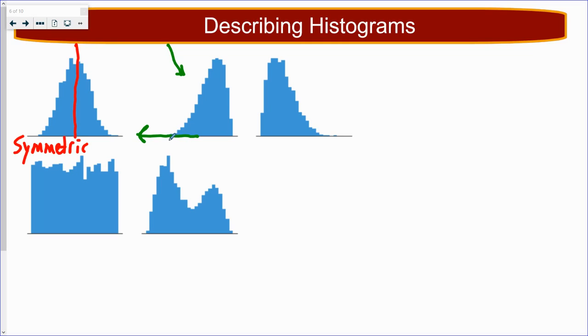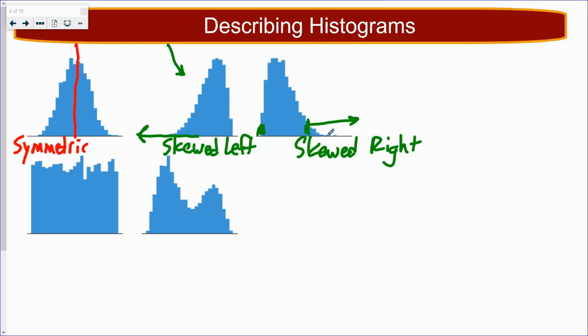So we would call that skewed left, because that was the direction that the tail was being pulled. So then likewise, this one here is skewed right, because we think of it like you are holding both sides of the graph, but then you're only stretching one of them out to give it this little tail. And that's okay if that happens. We're just describing what we see.